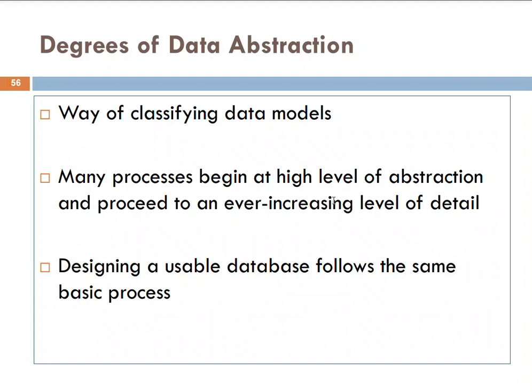Okay, simple representation. The idea is presented in a simple representation. Itu maksudnya high level abstraction. Kemudian barulah dia narrow down secara detail. So designing a usable database follows the same basic process.